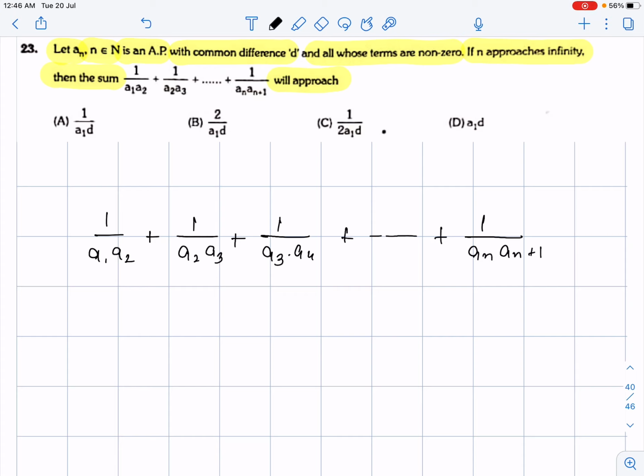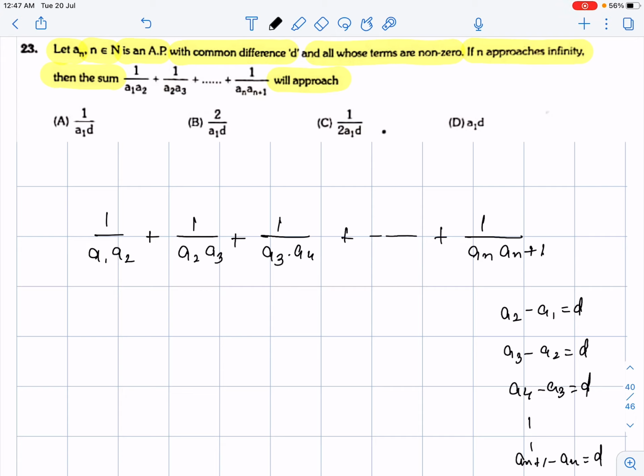So what we can see over here, a2 minus a1 will be common difference D only, you do know this thing, and a3 minus a2 will be our common difference D only, and a4 minus a3 will be our common difference D only. Similarly, an plus 1 minus an will be common difference D only.